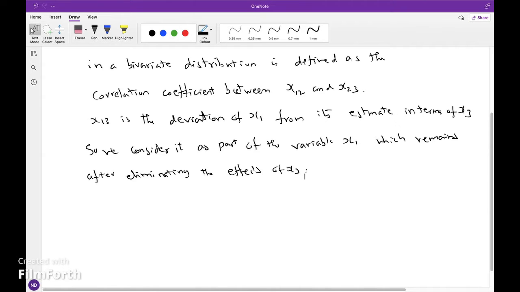However, if we want to study the effect of one variable x2 on another variable x1, after eliminating the effect of all other variables, the measure of relation between x1 and x2 is called partial correlation.